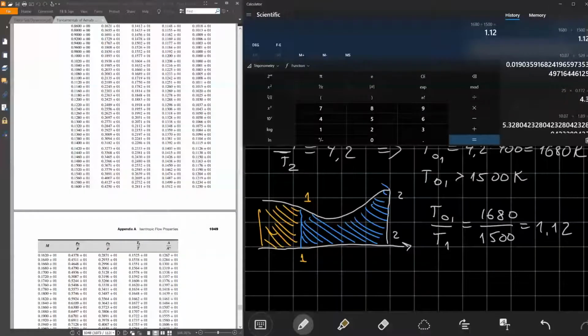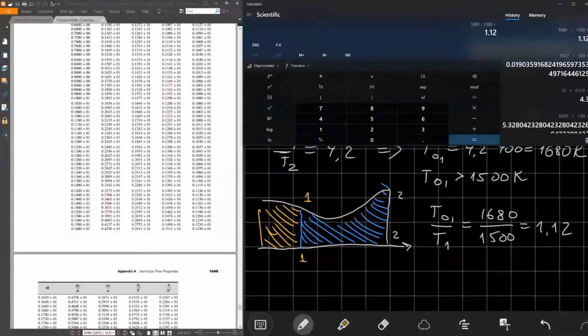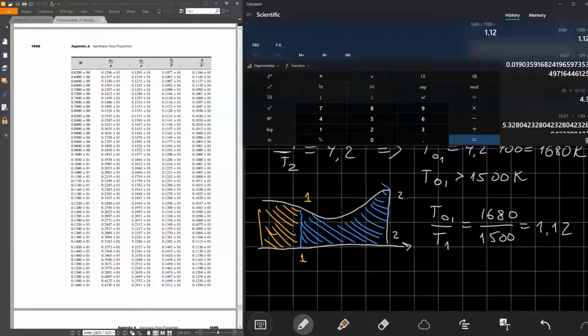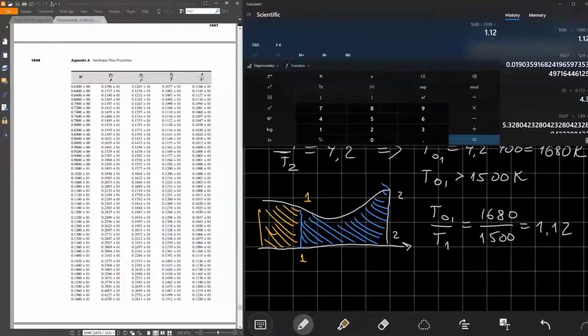Let's see where it is. 1.16 I have found. No, it's not this yet. Okay, somewhere here. This is the closest, 1.122.